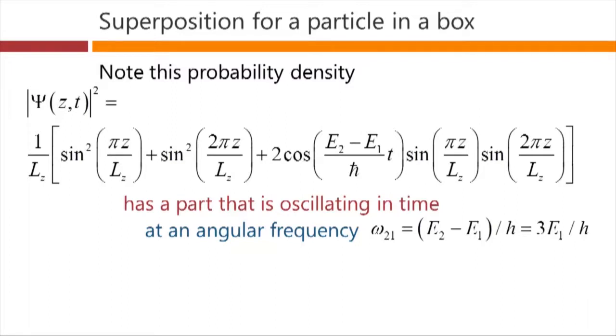The particle in an infinitely deep well has energy levels of 1 unit, 4 units for the second one, it would be 9 units for the third one, and so on. So the difference between these two energies here is just 3 times the first energy. So our omega 21, as we're going to call it here, is 3 times E1, the confinement energy of the first level in the well.